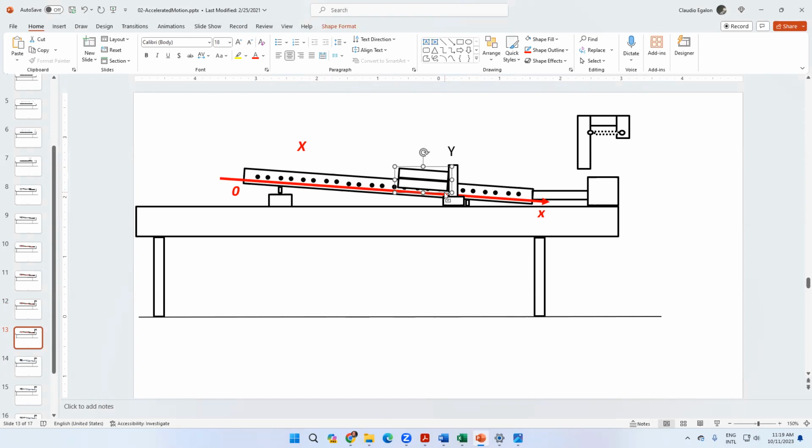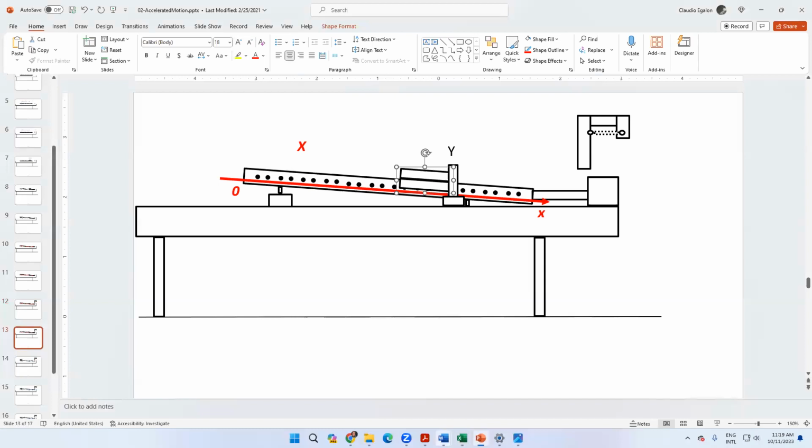When the card is about to interrupt this beam of light of the photo gate, this red light in the photo gate turns on momentarily. While the beam is interrupted, the red LED turns on in the photo gate.